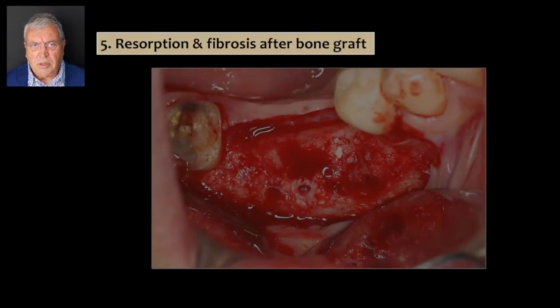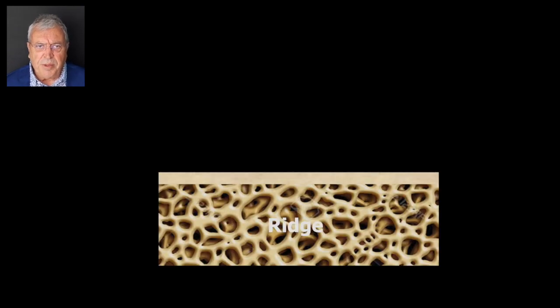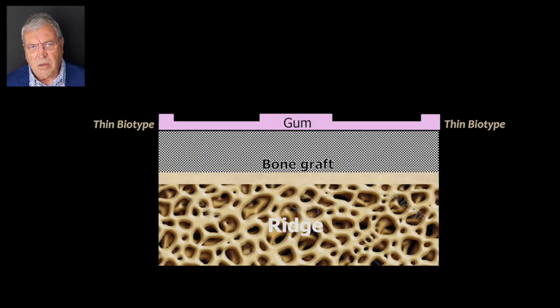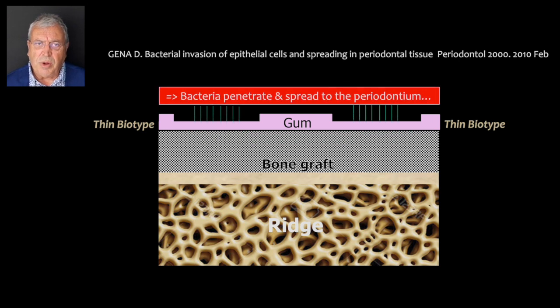Sometimes we do a surgery and at the opening we see some resorption and some fibrosis. Can we explain how and why? When we do a bone augmentation, what is the key point? It's the state of the gum. And if the soft tissue is thin, then we know that the bacteria penetrate and spread to the periodontium, making this periodontium inflammatory.